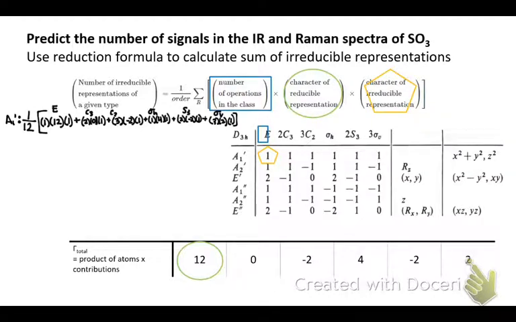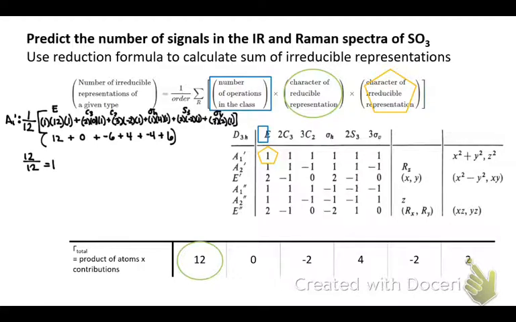Okay, so if we add all of that together, we've got 12 plus 0 plus -6 plus 4 plus -4 plus 6. If we add all of those together, we get 12. And then if we divide by the order, we get 12 over 12 equals 1.